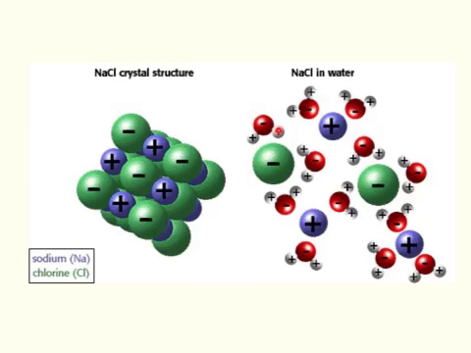So that hydrogen end is going to be attracted to the negative chloride anion, and the negative oxygen end is going to be attracted to the positively charged sodium ion. And in fact, water will form a shell around the ions, just as you see depicted here, keeping those ions apart or dissociated.